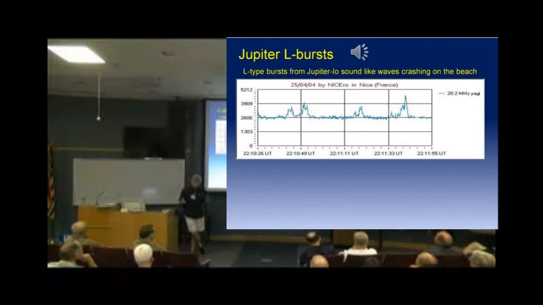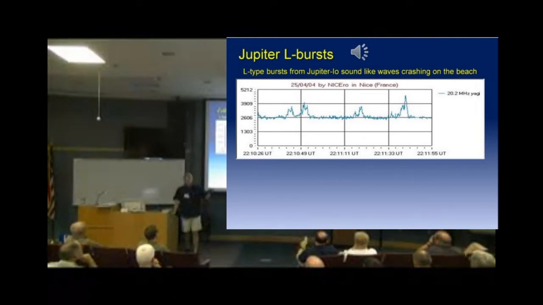So Jupiter has two basic kinds of bursts. We call them L bursts or long bursts. So it's swishing emission. You've got the continuum, you've got the galactic background, and then you get these bursty swishes or waves, sort of sounds like crashing.